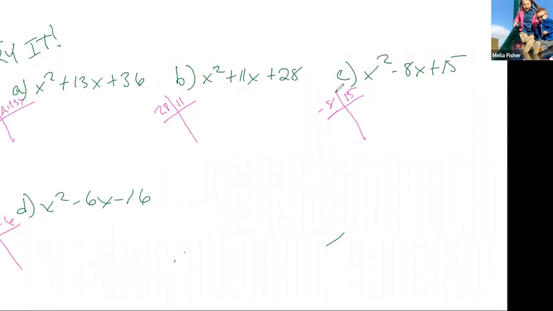Nobody needs any help, so we can randomly call on any of these, right? So we need one of the factors to be negative and one of them to be positive, right? And probably the bigger one should be negative.